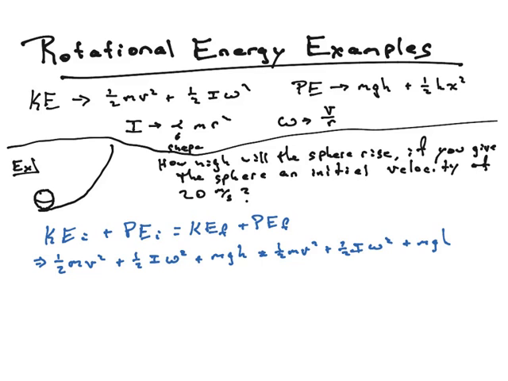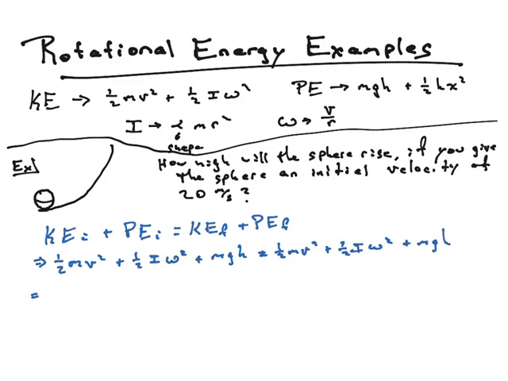All right, so now let's start asking questions. For our system, the initial state, you've set this hollow sphere into motion. You've given it an initial velocity of 20. Is it moving yet? Yeah, it's moving.